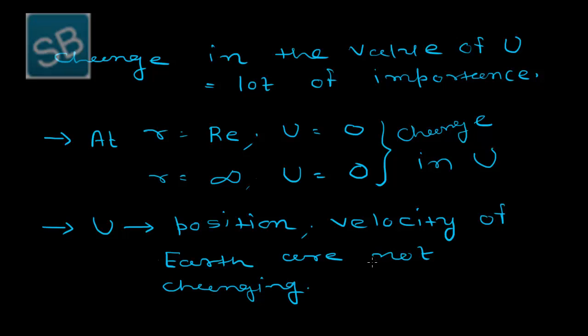And due to this particular reason, we have mentioned in the above case the potential energy of the body, not of the system, because the position and velocity of the earth are fixed. That means they will not be variable.